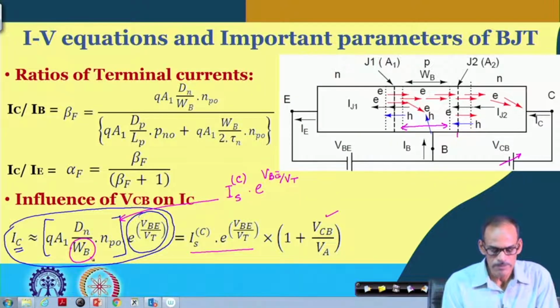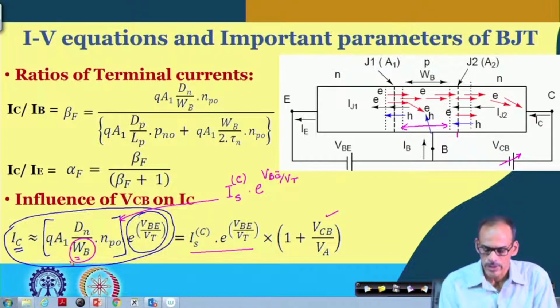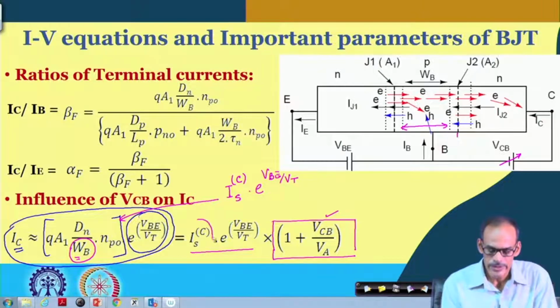So, typically instead of really modeling this WB as a function of VCB, since this dependency is very weak, it is modeled as a linear function of VCB, and it is considered as an additional factor, and this part we do consider really constant.